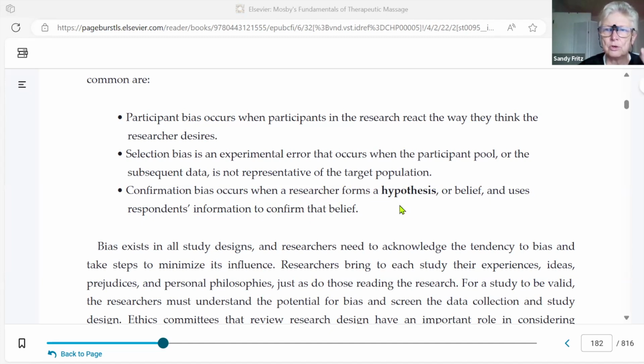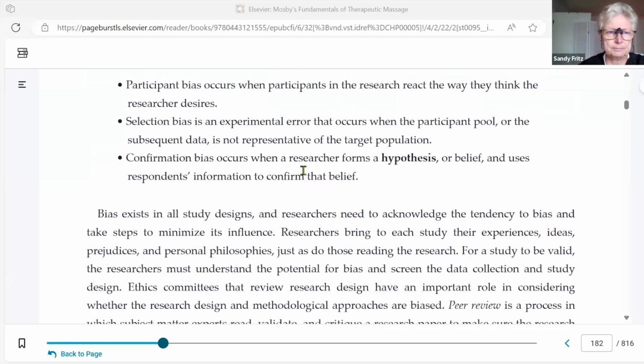So if you're too hooked on what you think is going to happen and you're not open to other possibilities, you have decided in your head that massage is going to increase the range of motion of the shoulder, then you're likely not to be open to other possibilities that may occur. So you want to watch for these things.